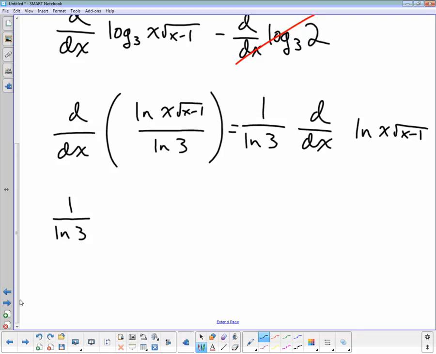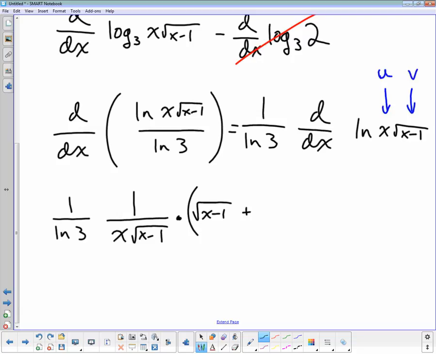So the derivative of the natural log is 1 all over whatever's inside times the derivative of what's inside. And if we take the derivative of what's inside, we have to use the product rule. So product rule says U prime V plus V prime U. U prime, which is x, is 1, so now we've got the square root of x minus 1, plus x all over 2 square roots of x minus 1.